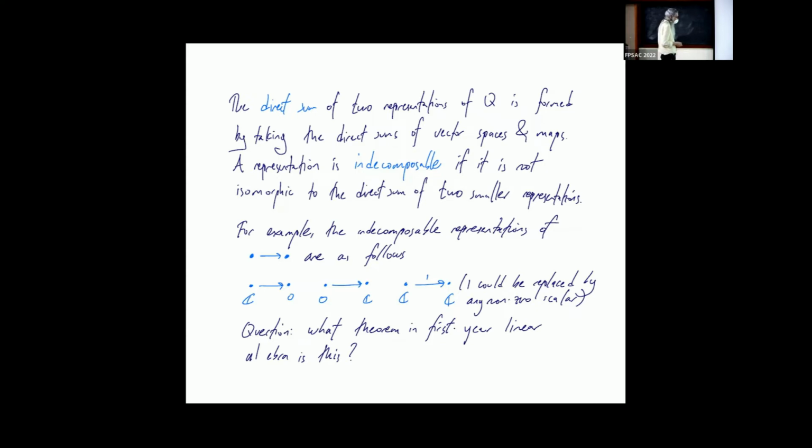You could have a one-dimensional vector space and a zero-dimensional vector space, or a zero-dimensional vector space and a one-dimensional vector space, or two one-dimensional vector spaces with a non-zero scalar. If I put a zero scalar, that's not indecomposable, because with zero there, I can write it as the direct sum of this one plus this one. But with a non-zero scalar, it becomes indecomposable. You can't split it as a direct sum.